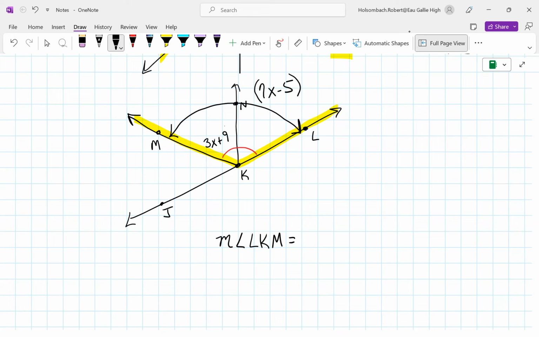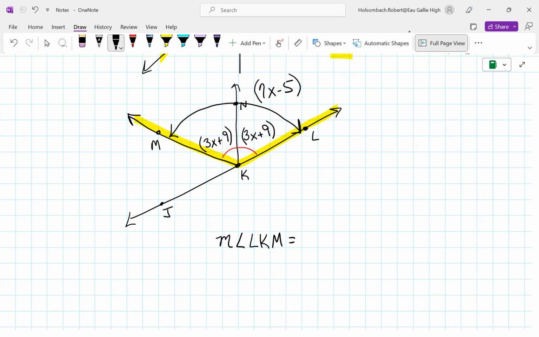So now back to this big picture. If MKN is 3x plus 9, what's the measure of NKL? 3x plus 9, because the angles are congruent. Congruent angles have the same measure. So now we've got a 3x plus 9 plus a 3x plus 9 that has to equal 7x minus 5.